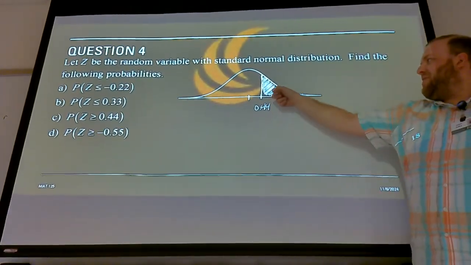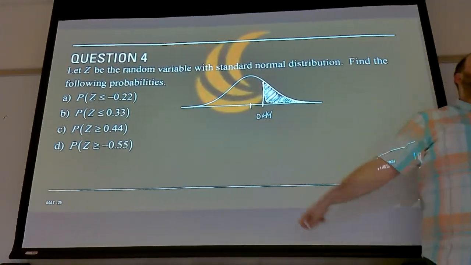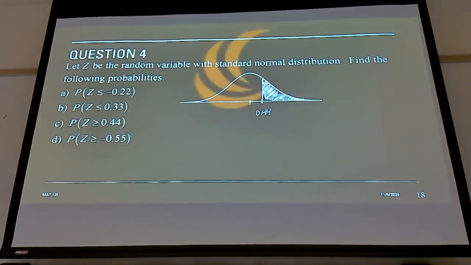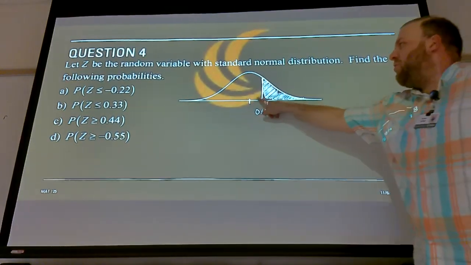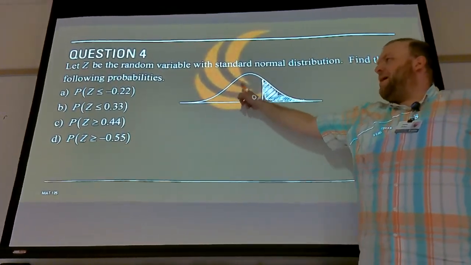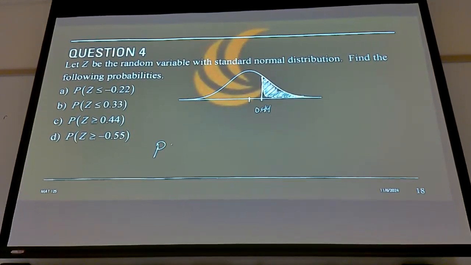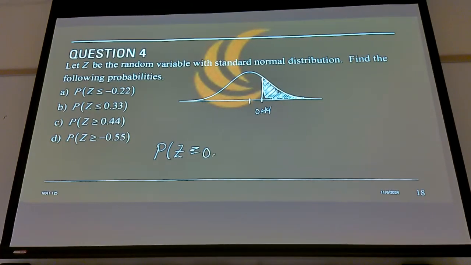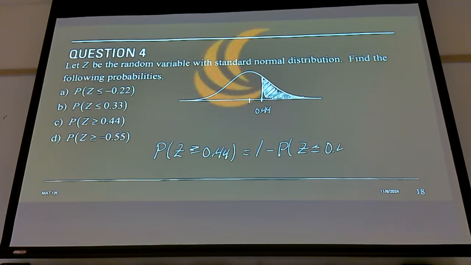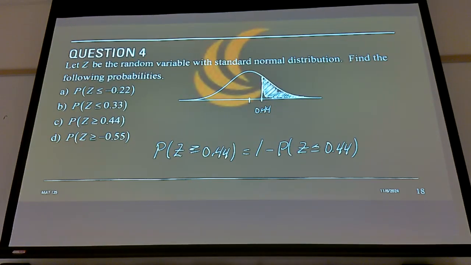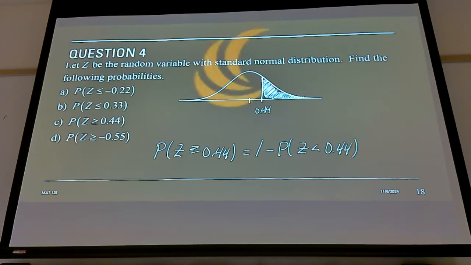So how can we get that from what we know here? Because we know the whole thing is 1. So it's 1 minus that area, right? That's all there is. 1 minus 0.6700. Now, technically, this is not correct. Technically, that's what we're looking for. It makes 0 difference when reading the table.